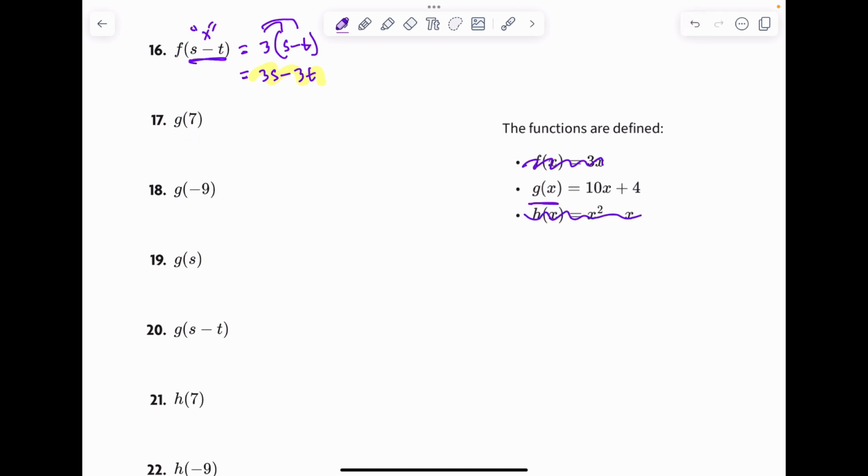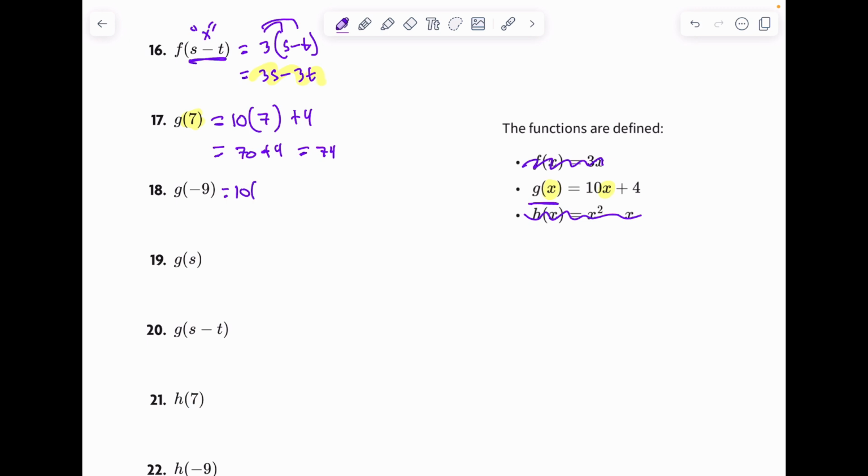So this is equal to 10 times 7 plus 4. This is 70 plus 4, which is equal to 74. Very nice, right? I am plugging this 7 into this x. We're carrying it out.